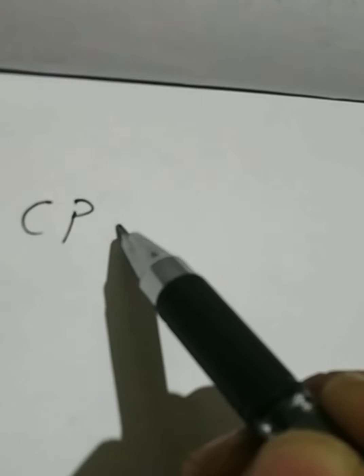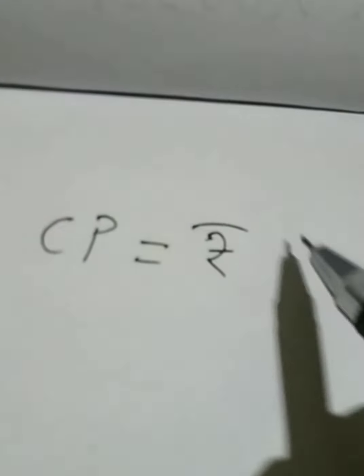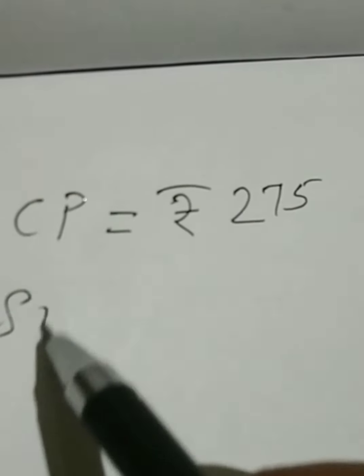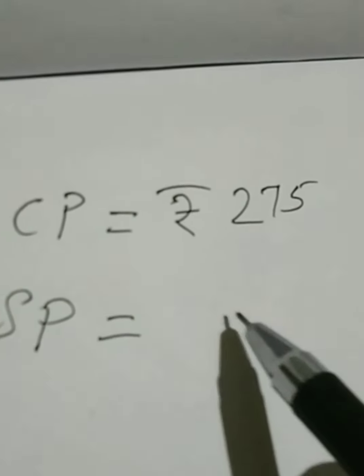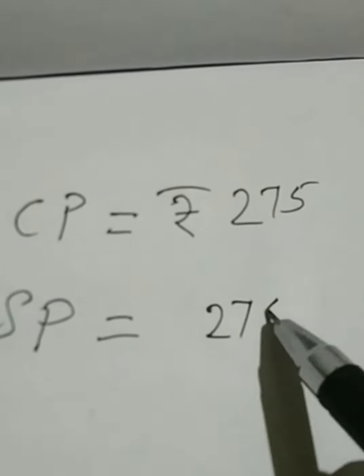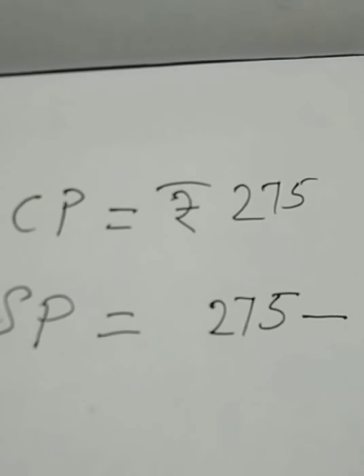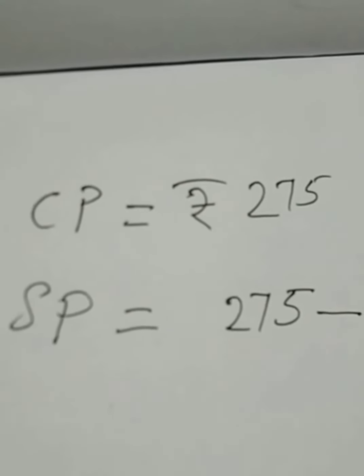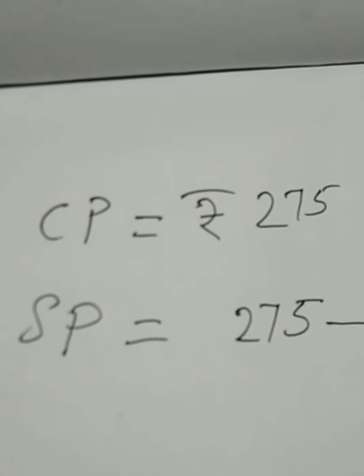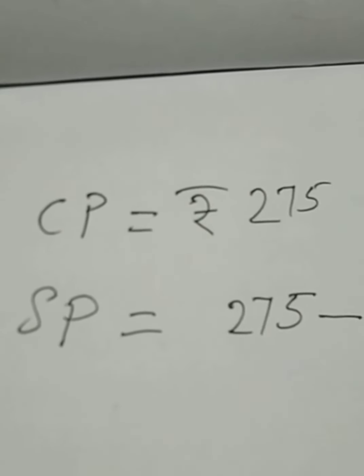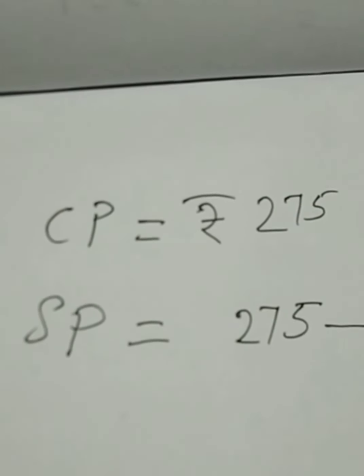Here cost price is equal to rupees 275 and selling price will be 275 minus 15% of 275. That is 15% less than the cost price.